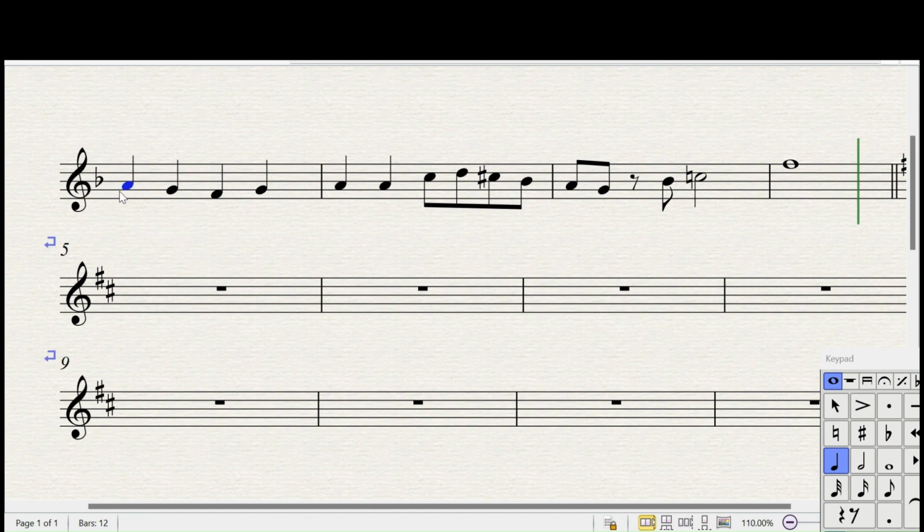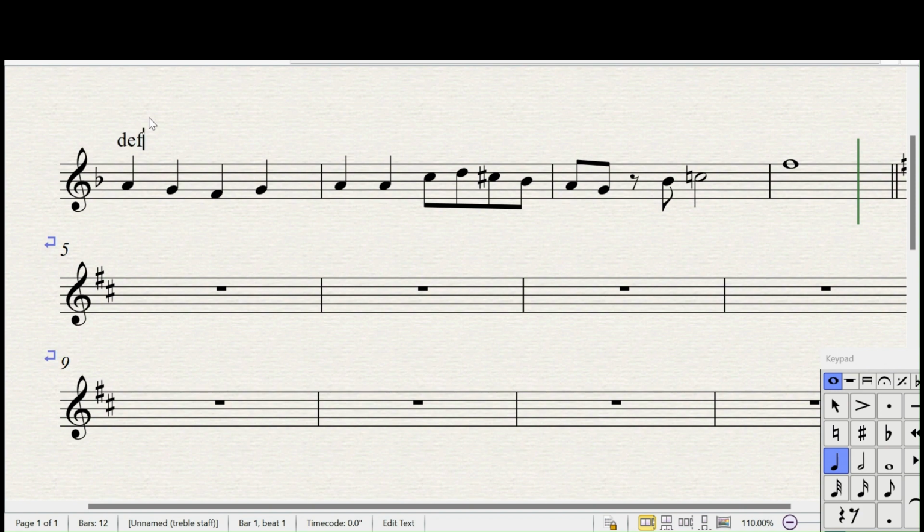And how do I know that? Because we have two sharps. We're going to make it lower. So everything is going to come lower. But how do we know how low to make this sound? For that, I will write a little music alphabet right here.